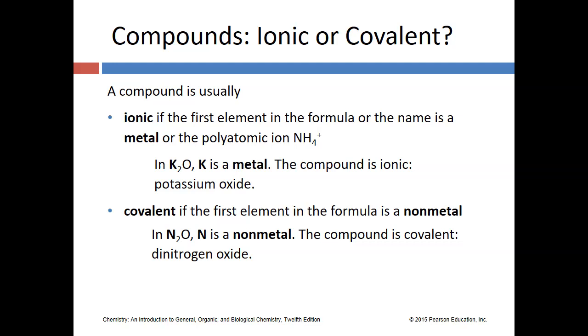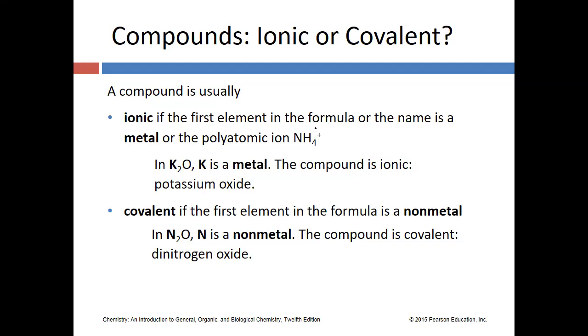So how do I tell if it's ionic? Well, your book says ionic compounds usually start with a metal. Yeah, that's pretty much the best way to tell. It does get a little bit confusing if you have the ammonium ion, just because that would mean that there are no metallic substances in the compound at all.